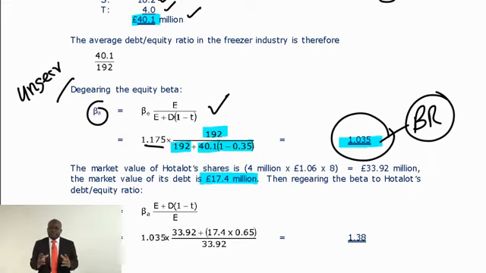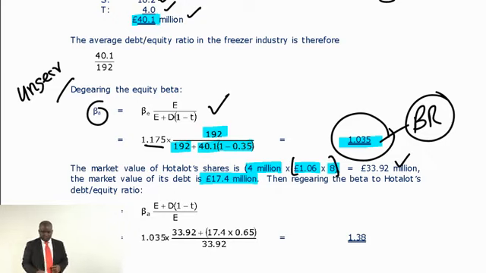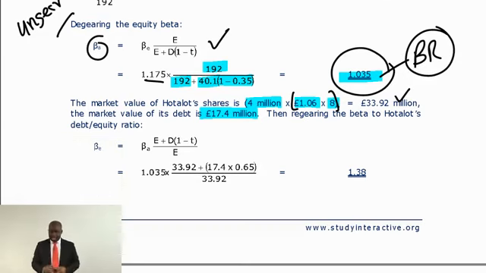Divide the total nominal value of Hot Alert by the nominal value per share to get the number of shares, and then multiply the earnings per share by its PE ratio to get the market price. This will give you the market value. Put it in the formula and then re-gear, and when you re-gear, you should be able to get the equity beta geared.